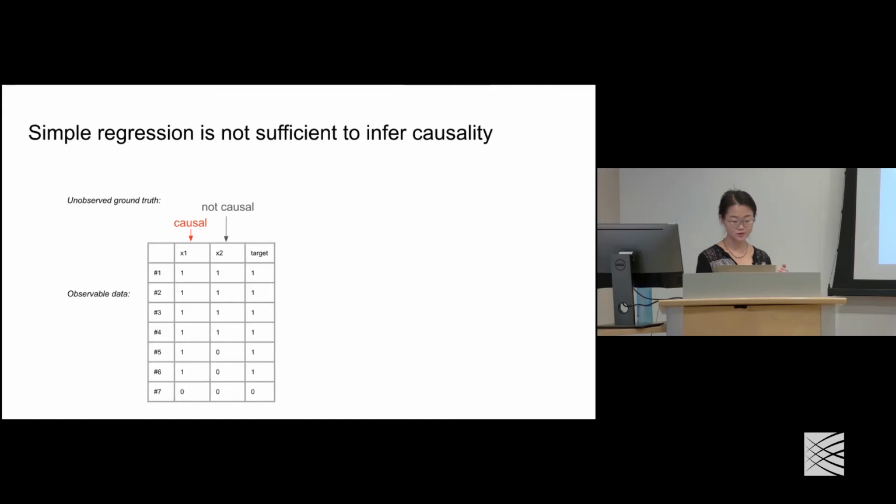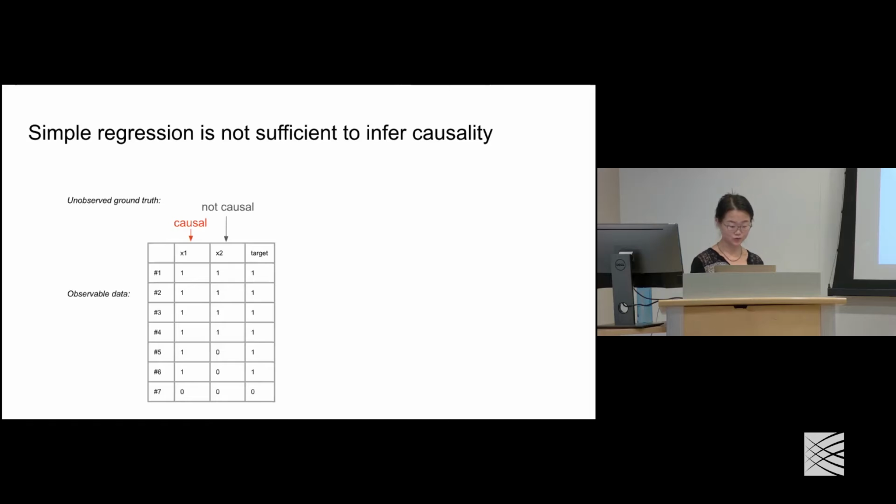Here is a very simple data set with only 7 data points. This is the data set that you observe with 2 features, x1 and x2, and a target. And the unobserved ground truth, which you don't know, is that x1 is causal, x2 is not causal. You can see that x1 is perfectly corresponding with the target.